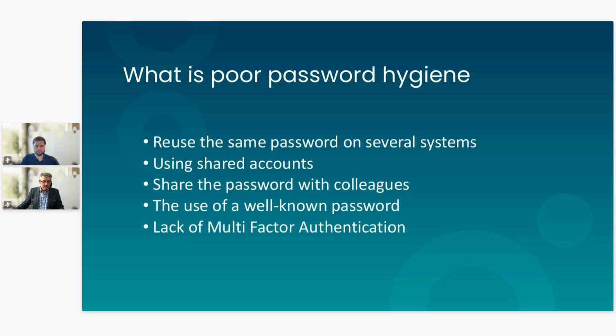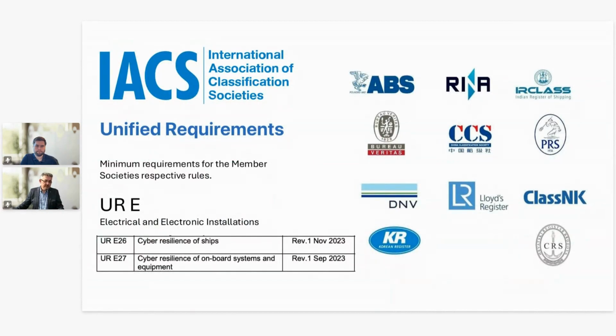If you look at what's happening within the shipping world on the standardization and the rules, let me just briefly run through that. IACS, the International Association of Classification Societies, is the parent organization for all these different class societies. They set out minimum requirements. So you have to follow those requirements, but you could also make more stringent rules.